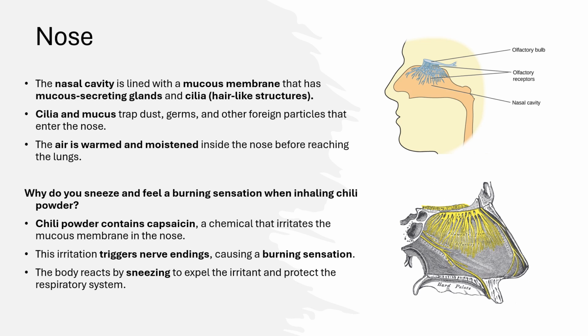And also the nasal cavity helps in warming up the air and moistening it inside the nose before it reaches the lungs. So those are some of the functions performed by the nose or the nasal cavity.